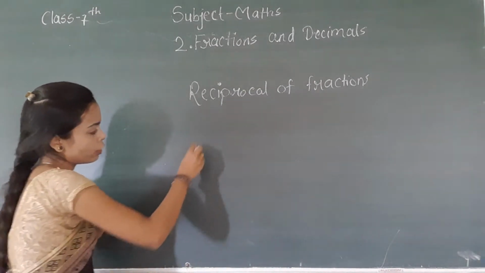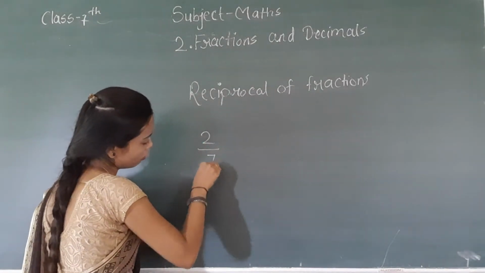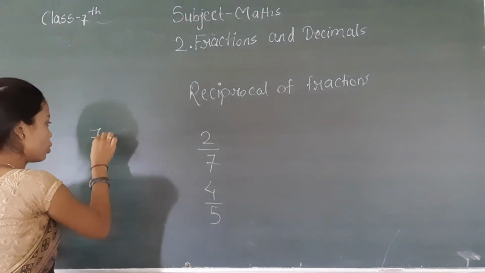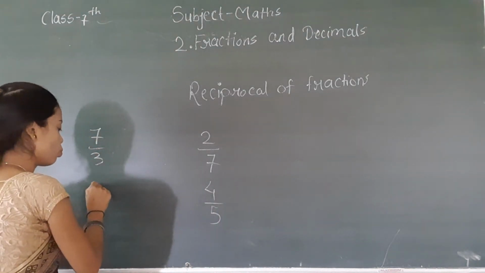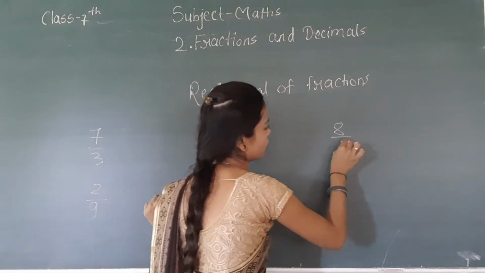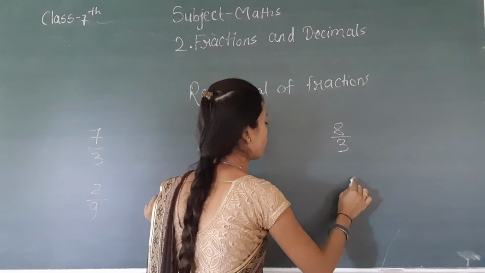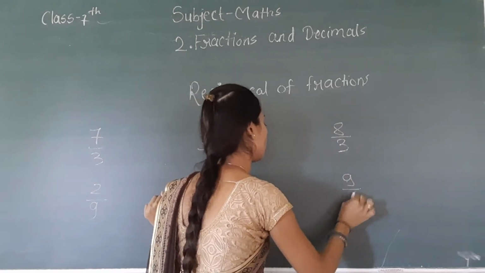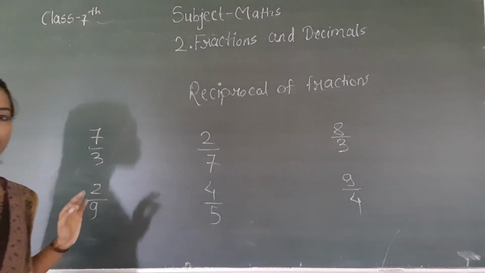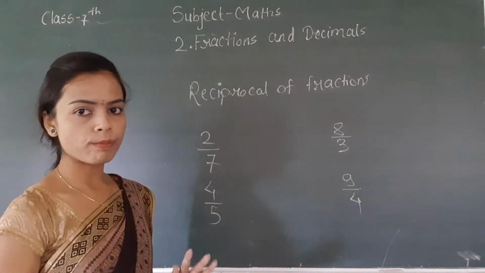Suppose you have the fractions 2 upon 7, 4 upon 5, 7 upon 3, 2 upon 9, 8 upon 3, 9 upon 4. You have to tell me the reciprocal of these fractions.